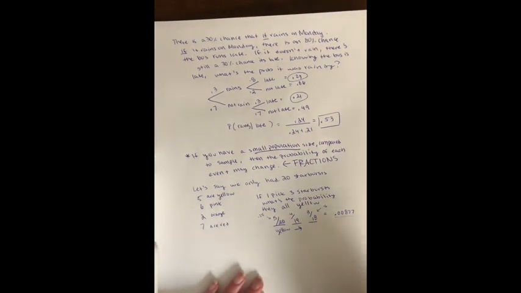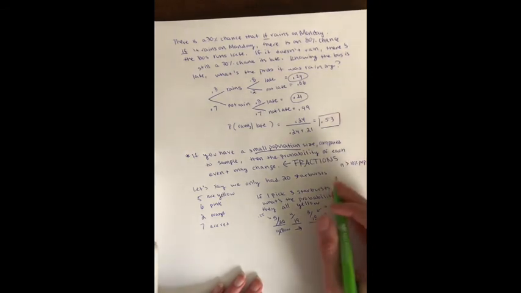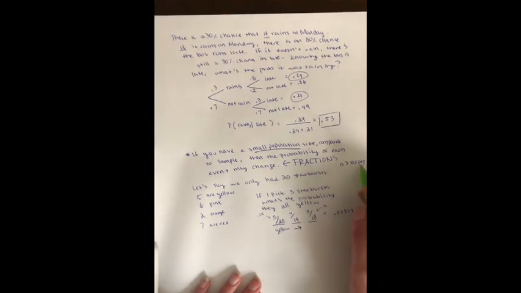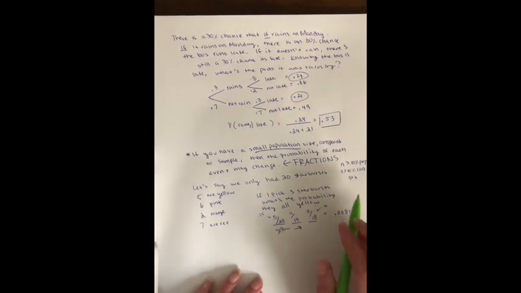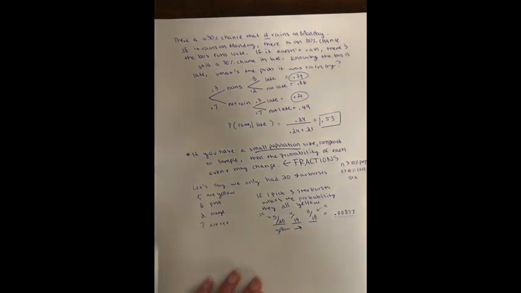And typically we consider a small population size one in which the sample is greater than 10% of the population. Here, my sample, this 3, is greater than 10% of 20. That's true. 3 is greater than 2. So my population was so small that I needed to use fractions.